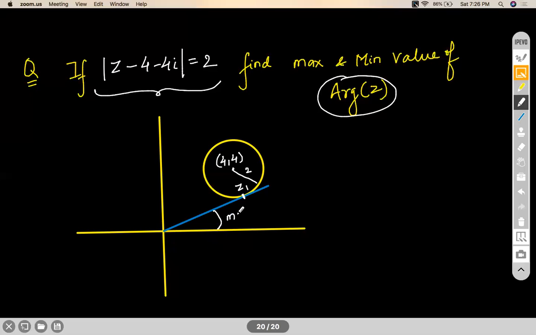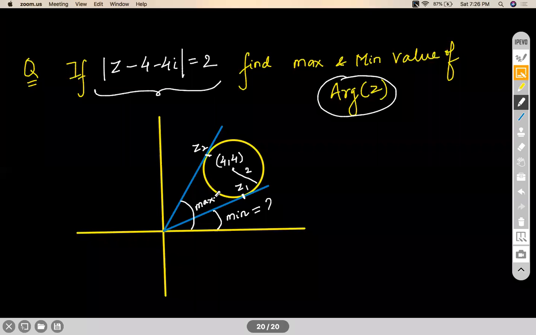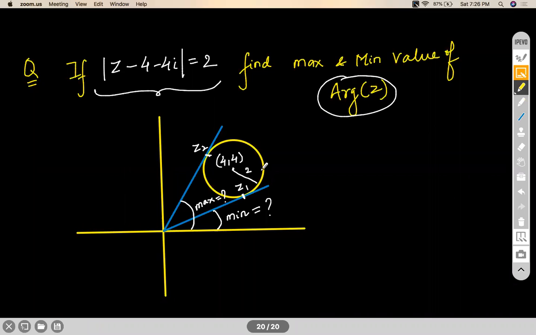And if you draw a tangent to this point, then this complex number Z2 will have the maximum argument. Am I right? So the question setter is asking you, what is this and what is this? I'm sure you will be able to find that out. Let's do that question.